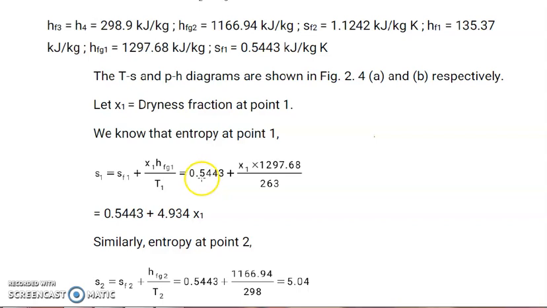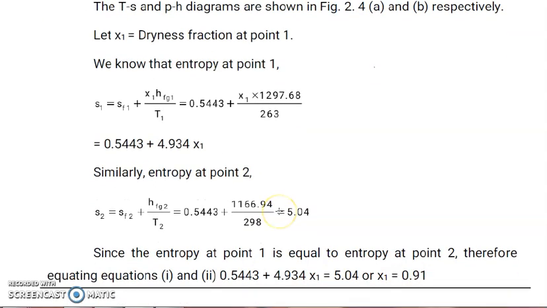SF1 is given, that is 0.5443, plus X1, that is unknown, HFG given 1297.68, and temperature is given 263. If you solve, then you will get 0.5443 plus 4.934 into X1.